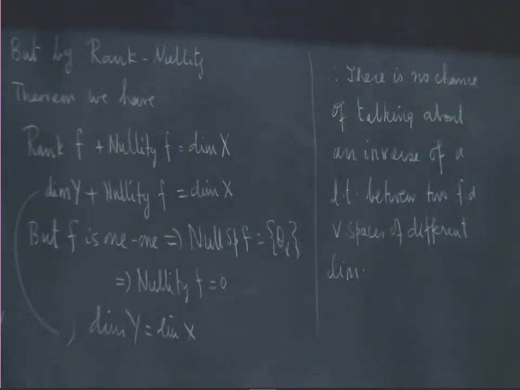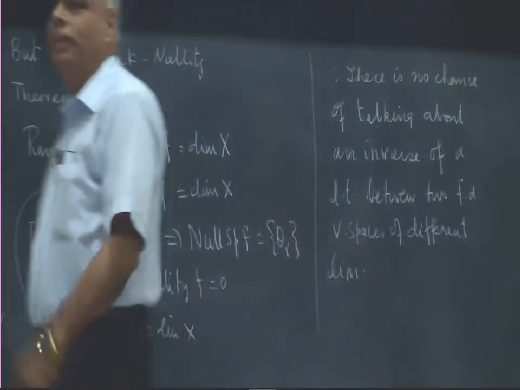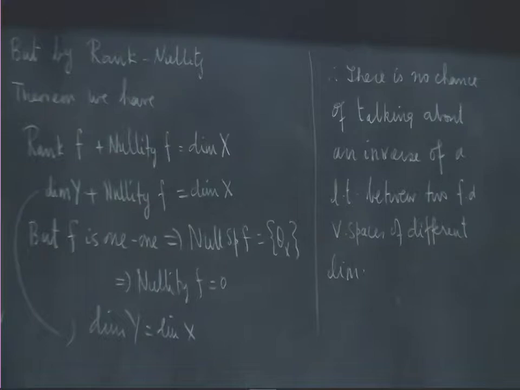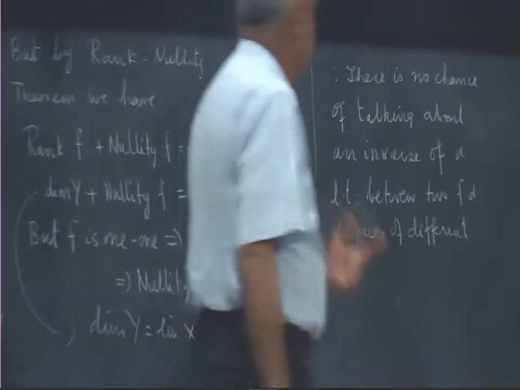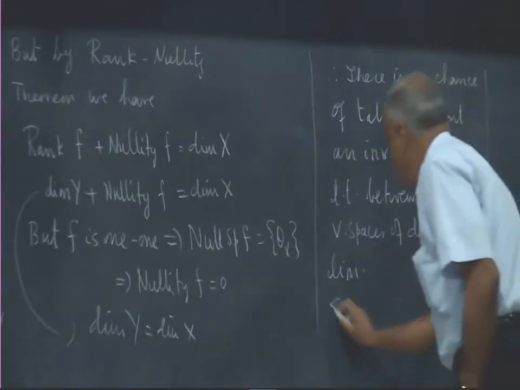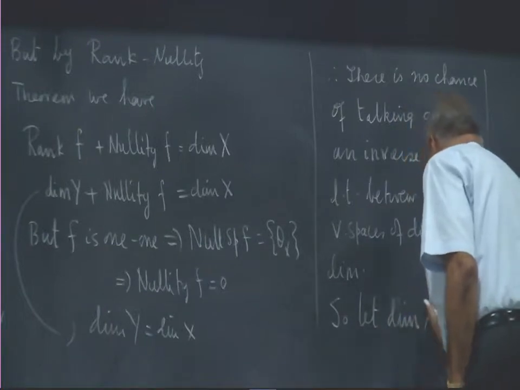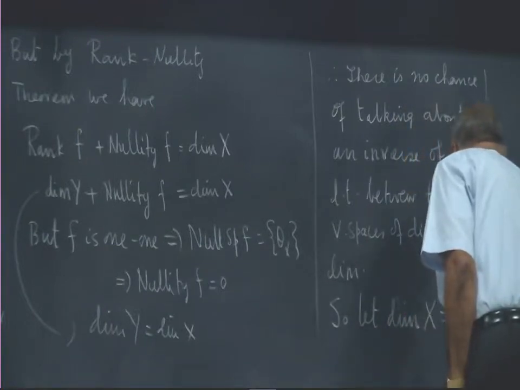With different dimensions, there is no hope of 1-1 and onto, because if it is 1-1 and onto, the dimensions of the two spaces have to be the same. So we have to look at only such cases. So let the dimension of X equal the dimension of Y.